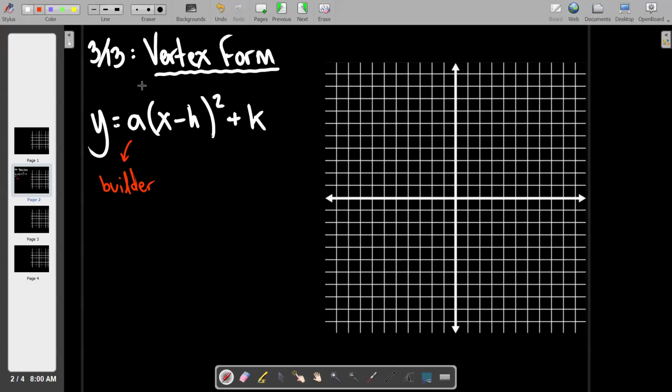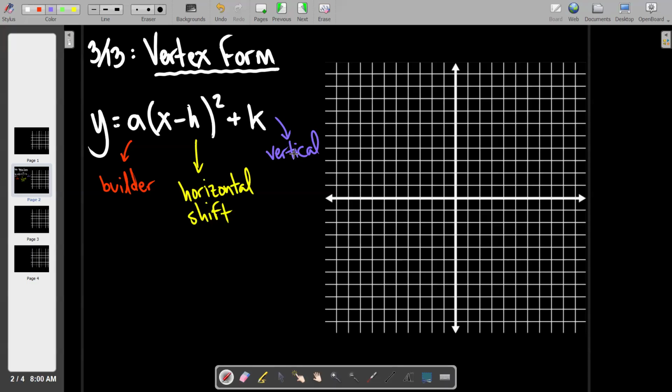h, conveniently, is our horizontal shift. And k is our, want to guess? Vertical shift, which is why I was thinking this morning, maybe I should just rewrite math history and call it a times x minus h squared plus v.